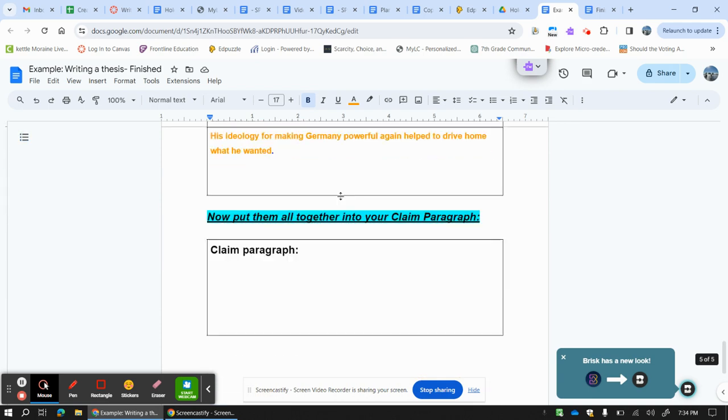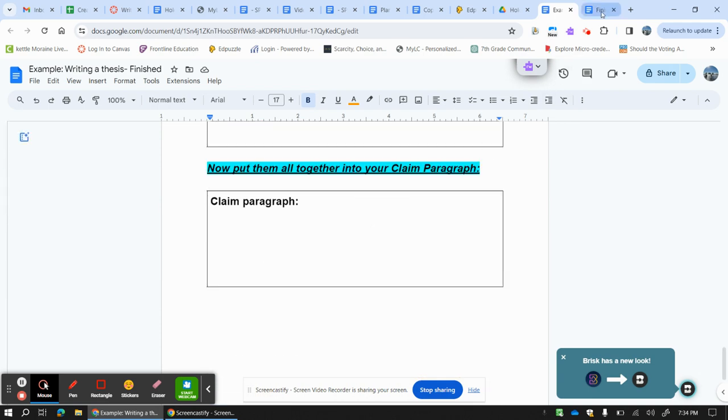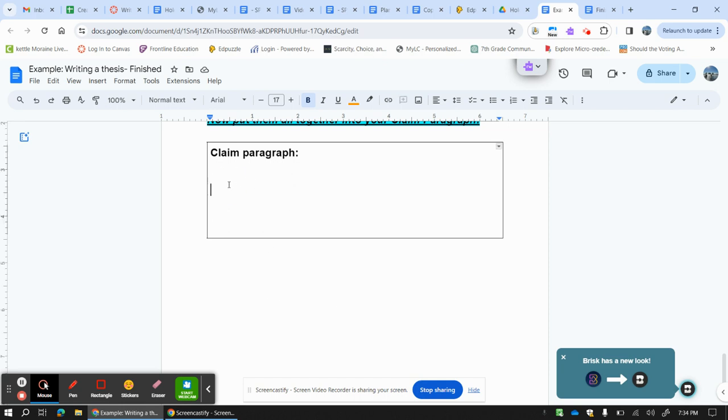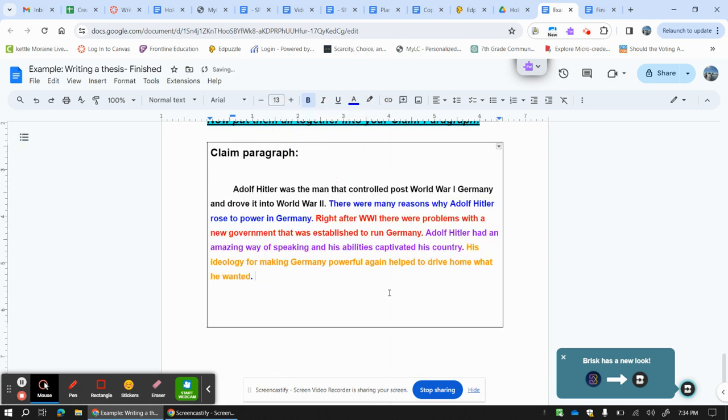And now I'm going to put it all together. I'm going to link all five together. And this is what it looks like. Adolf Hitler was the man that controlled post-World War I Germany and drove it into World War II. Fact. There were many reasons why Adolf Hitler rose to power in Germany. That's my claim.